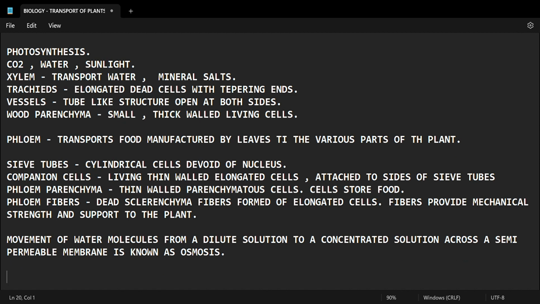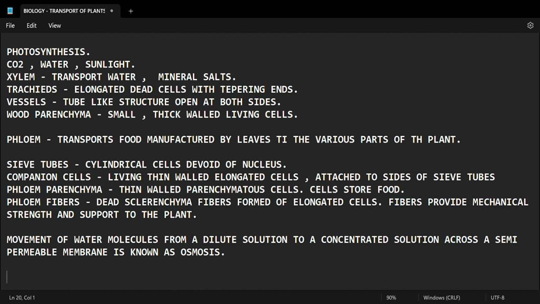So there are two solutions, a dilute solution and a concentrated solution. The movement of water molecules from a dilute solution to a concentrated solution across a semi-permeable membrane is called osmosis.